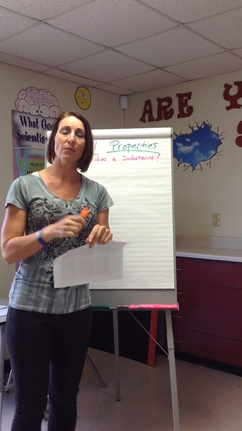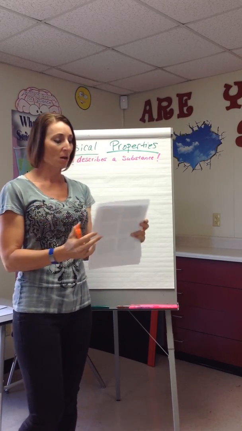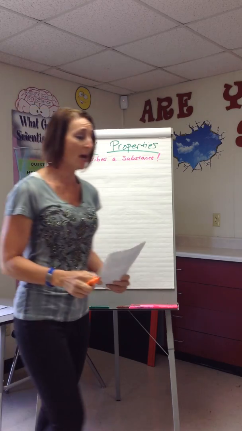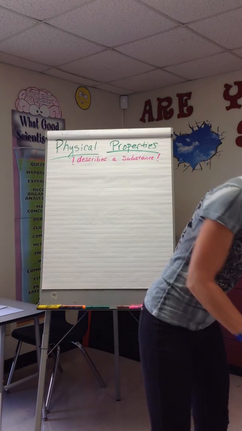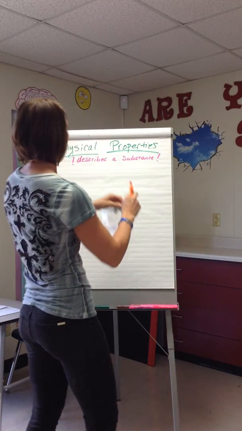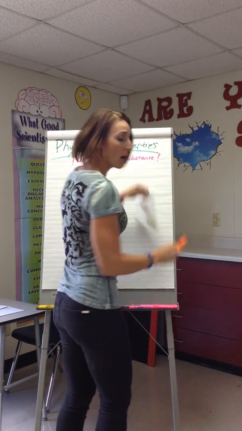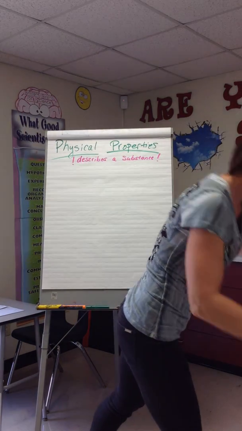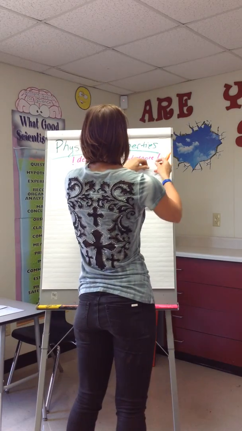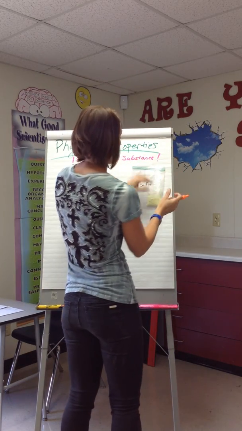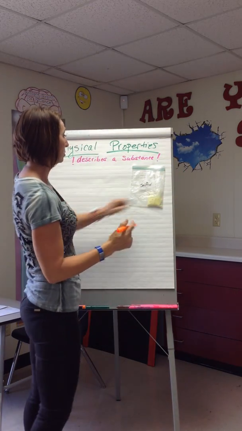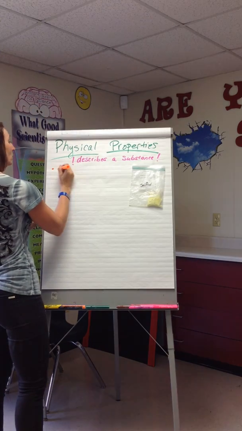Let's think about it. If we have sulfur, which I do have some of, how would you describe sulfur? Sulfur is yellow, so color.